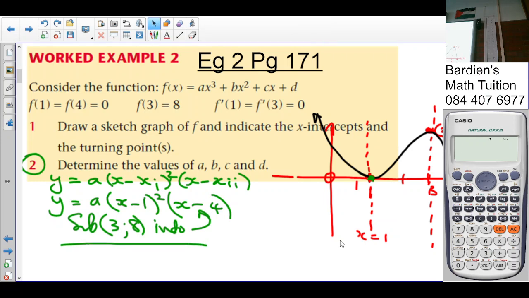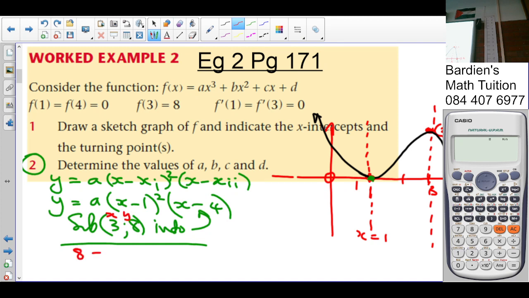So solve for A for me quickly. Remembering there's an x and a y.